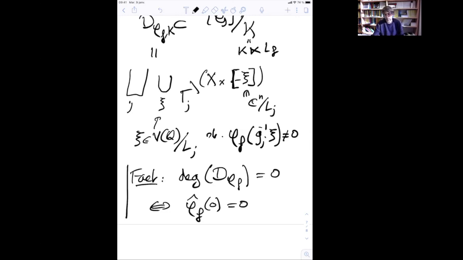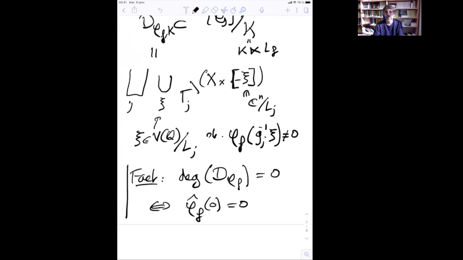So this topological aspect, this divisor degree, translates very well into a more analytical, but at finite place, aspect in terms of Schwartz function.